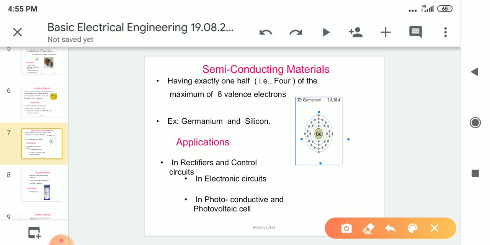So a semiconductor is neither a conductor nor an insulator. The resistivity is of the order of 10 to the power of 0 to 10 square ohm meter. So these are used in electronic circuits, rectifiers and control circuits, photoconductive and solar cells, photovoltaic cells, like that. It is also used in our electrical applications.